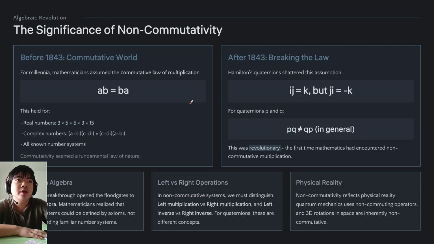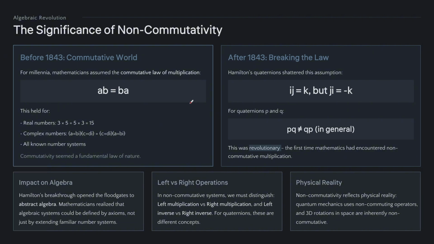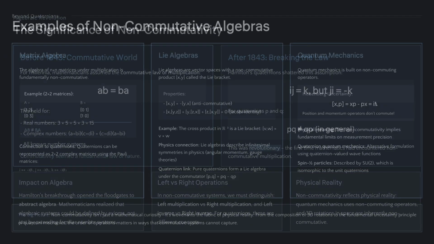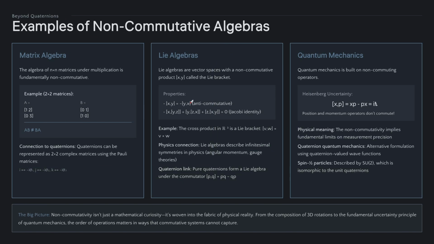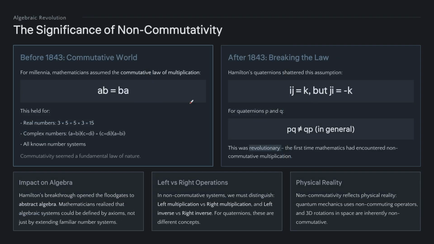In quantum mechanics, position and momentum do not commute like this. And 3D rotations are inherently non-commutative.